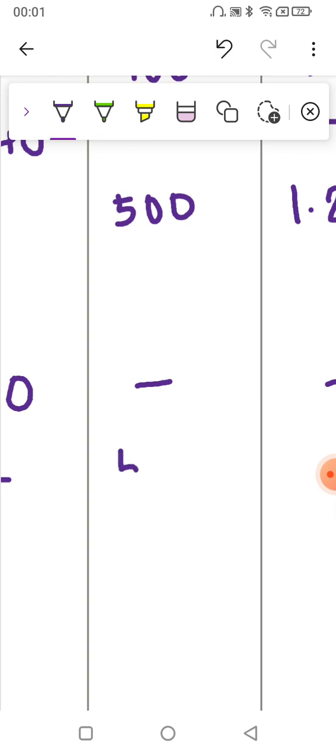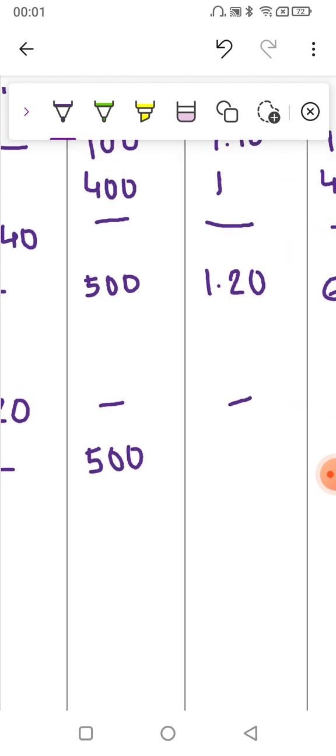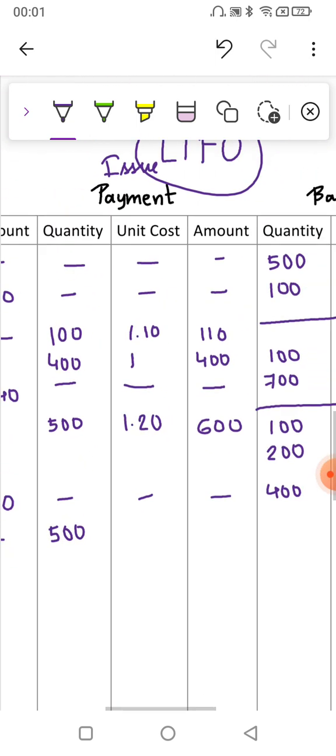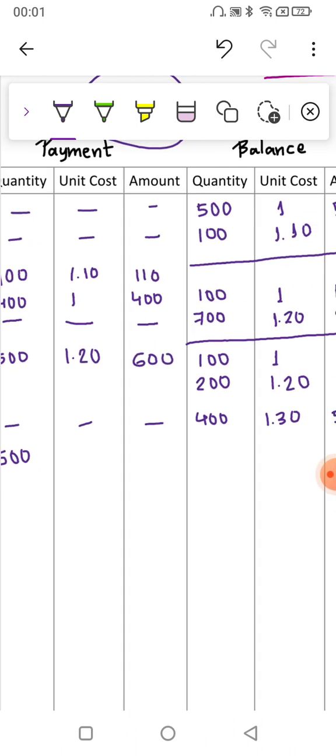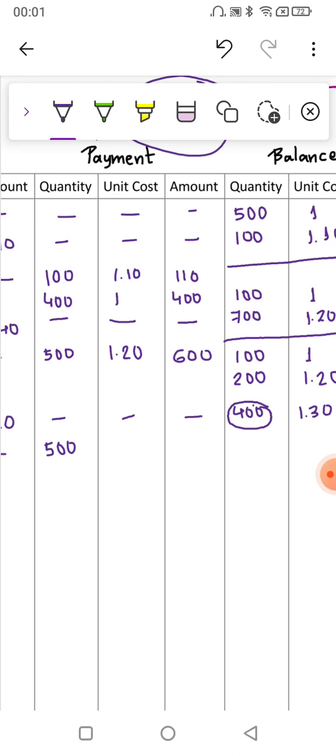This 500 will be taken from which lot? The latest lot that we have only has 400 units. So the other 100 we have to take from the previous lot, the 1.20 batch.